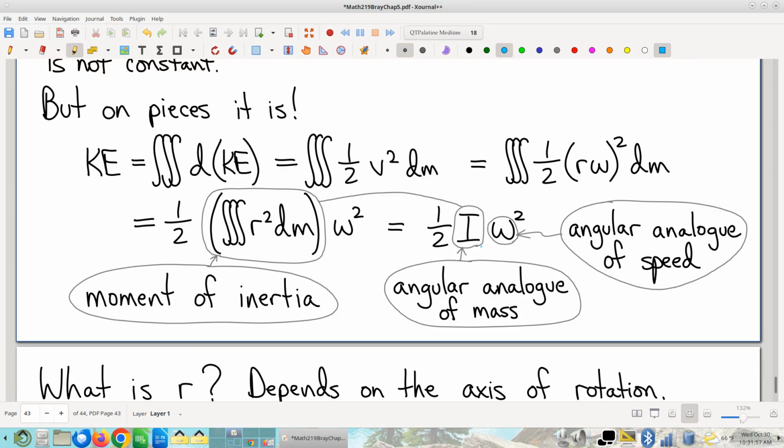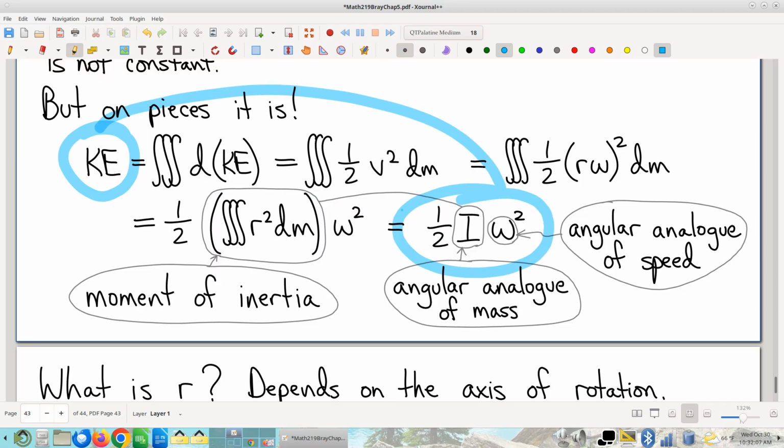Here's the punchline. The punchline is that the formula for kinetic energy is this, which is much more conveniently written like this. And let's take a quick moment to recognize how nice it is to write the formula for kinetic energy like this. It looks a lot like 1/2 mv squared. It really does, right?